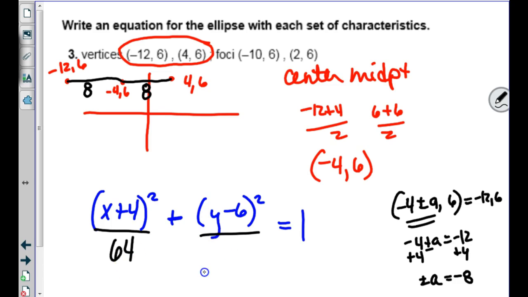Now, this is a mess. I'm not a fan of this question because I need to find B. Do I know anything about B? Oh. How far? Well, let's just figure, what's the foci formula when it's going sideways? H plus or minus. All right, what's H?